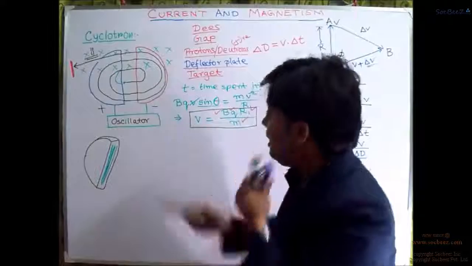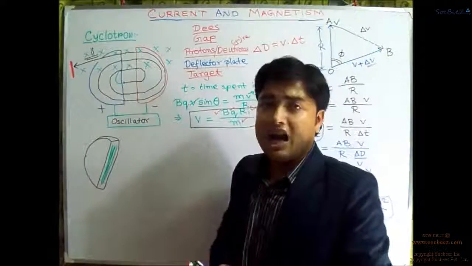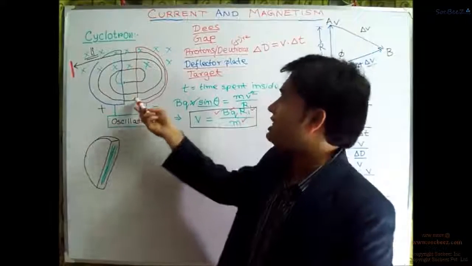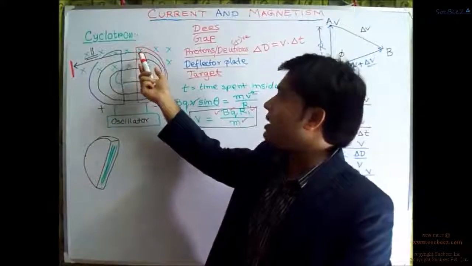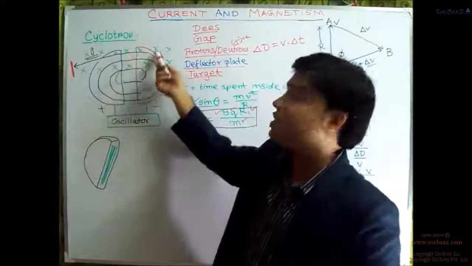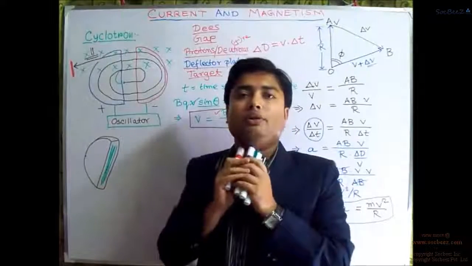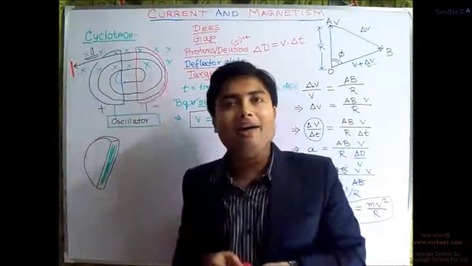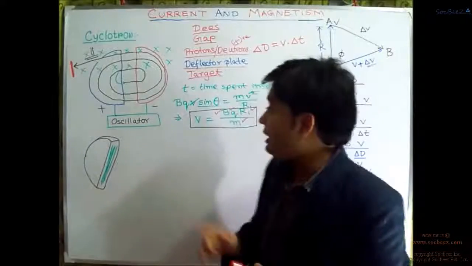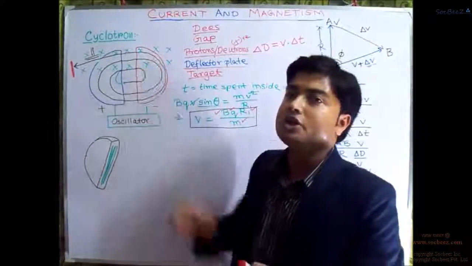Otherwise, say for example, if it takes 7 seconds over here, it will come outside, and if it takes, say, 10 seconds, it will come outside and see the positive and negative plates as this one only. So it will just come to rest over there. It won't be attracted. So the time period spent in a half revolution will be the same.